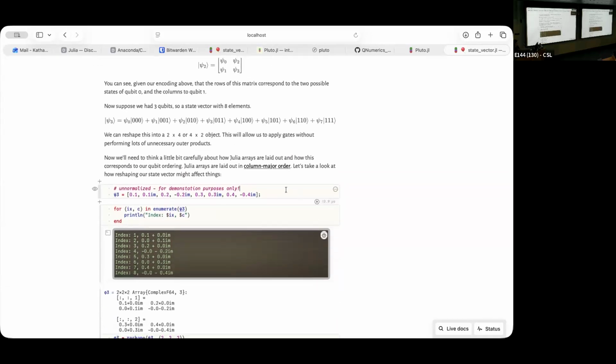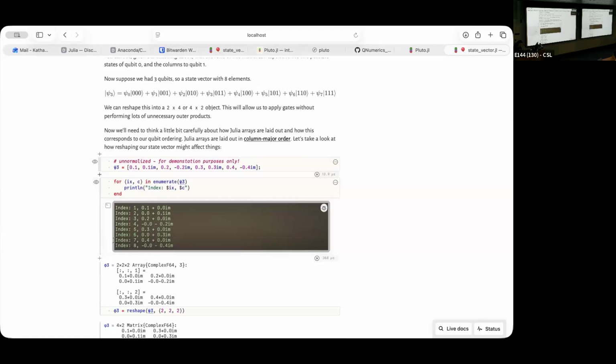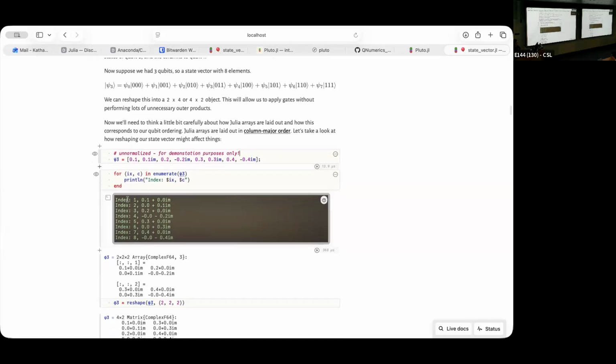Okay, so I created a goofy 3 qubit state vector here, which is not normalized. It's just for demonstration purposes. And then we can look at the so-called linear index of this thing, and see which element is actually stored at which position in memory. Since this is a vector, it has linear ordering, so if I print out the index and the value that corresponds to it, at index 1 we have 0.1, and then the second item here.